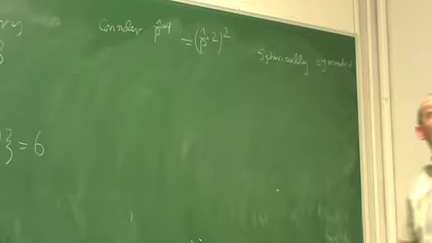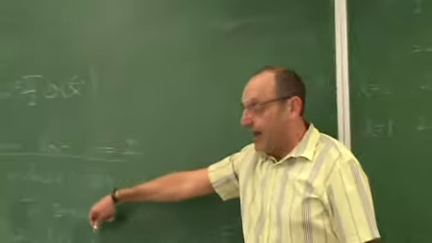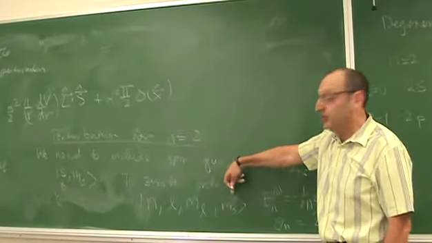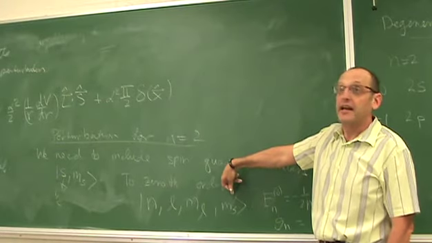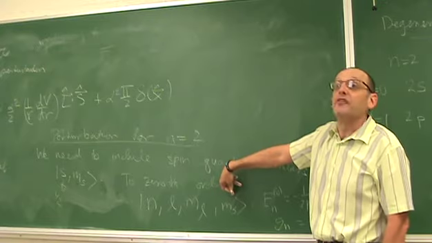So there are no off-diagonal couplings between states with different L nor different m sub l. It certainly commutes with the spin because it has nothing to do with spin. It acts on a different degree of freedom.